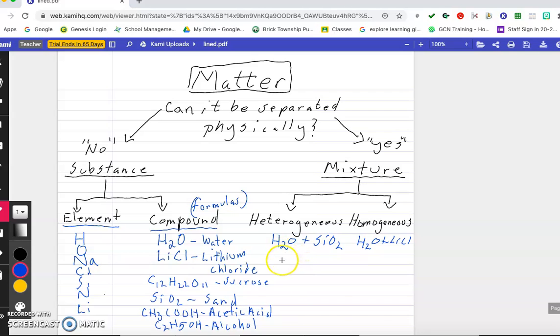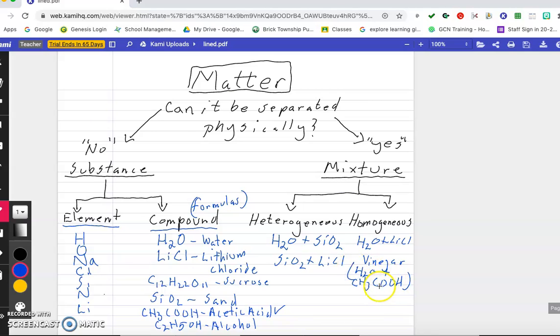Another heterogeneous mixture would be like, say, SiO2, which is sand, plus salt, LiCl. Sand and salt, they're readily distinguishable, two different phases. Another homogeneous mixture would be something like vinegar. So I'm going to write vinegar real quick. And vinegar is water plus acetic acid, CH3COOH.